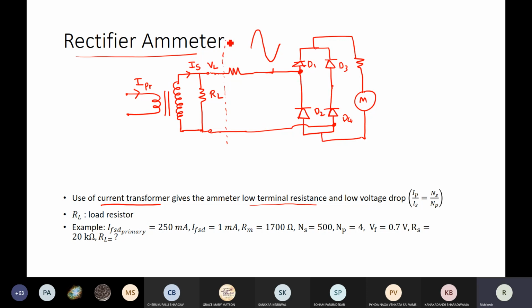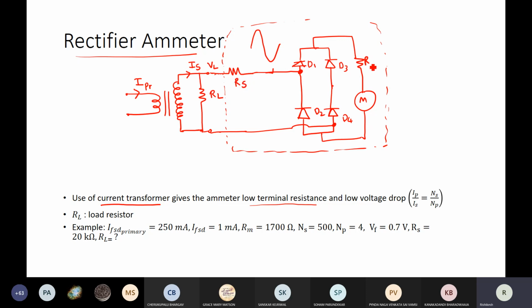So you see this portion is your previously designed full wave rectifier voltmeter, right? And this part is designed for converting the current into a voltage, to a certain level, so that it will be able to drive the diodes and provide the required voltage drop across them. Now, sorry, this is the series resistance.